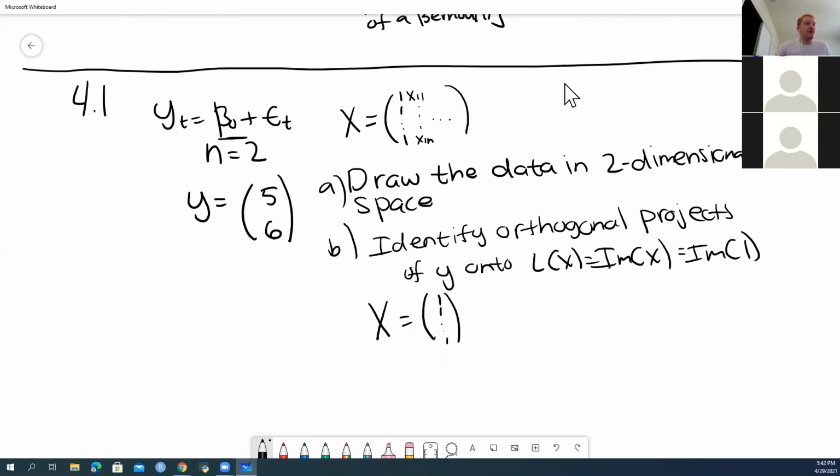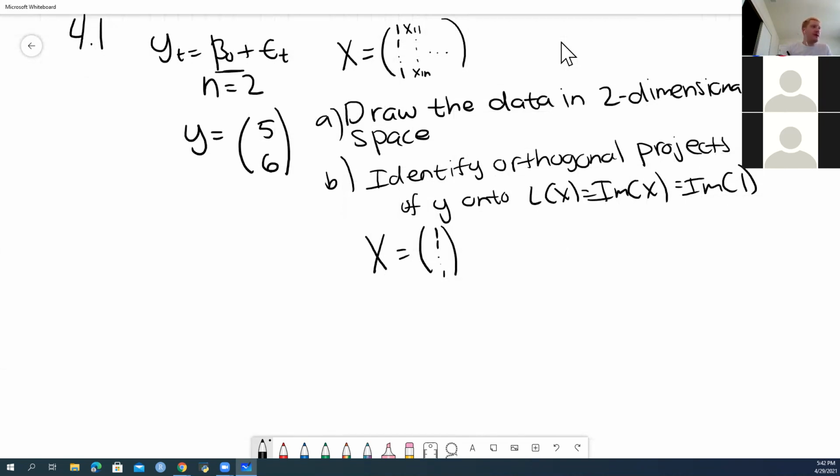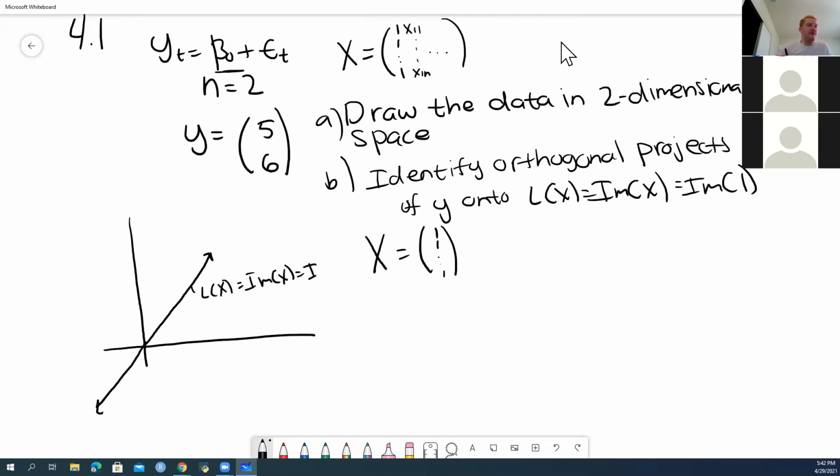To draw this in two-dimensional space, this is going to be L of x, or the image of x, which is just the image of the 1 vector. So this is just like 1, 1.